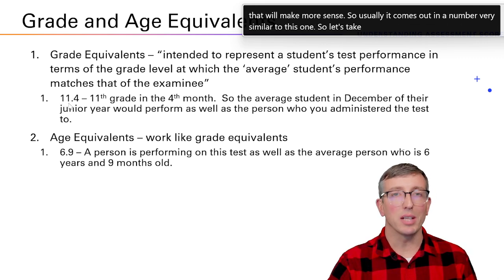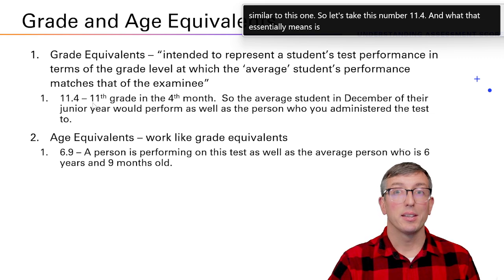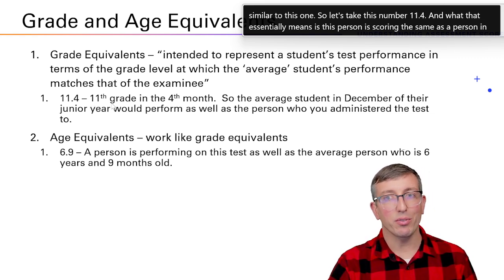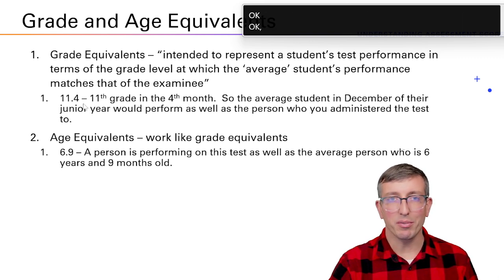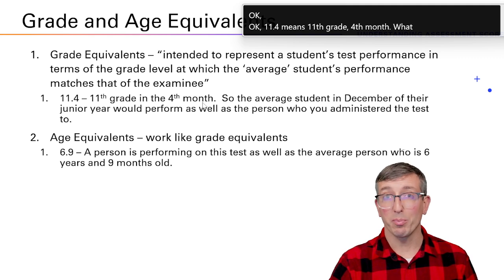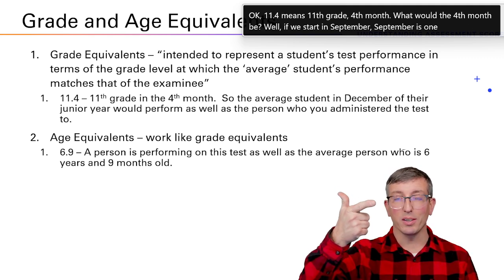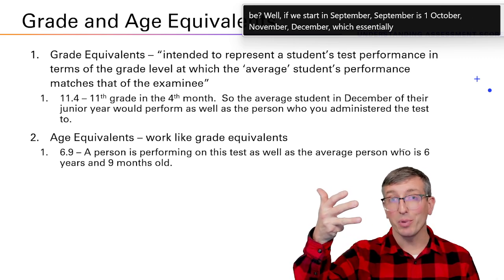So let's take this number 11.4. What that essentially means is this person is scoring the same as a person in the 11th grade in the 4th month. 11.4 means 11th grade, 4th month. What would the 4th month be? Well, if we start in September, September's 1, October, November, December, which essentially is halfway through the school year.